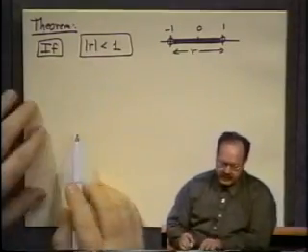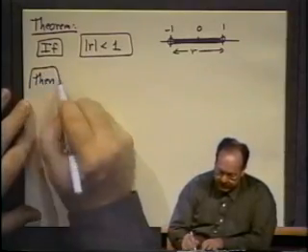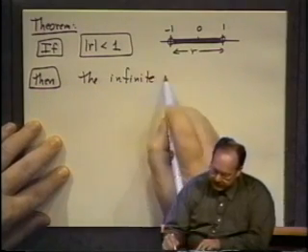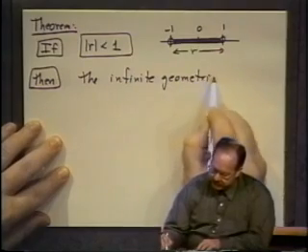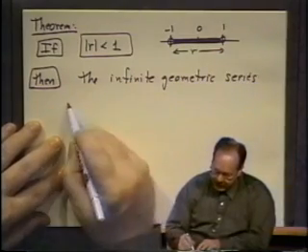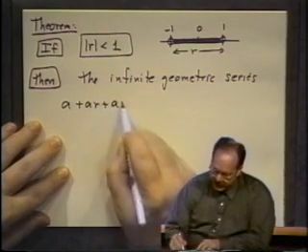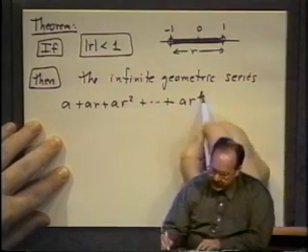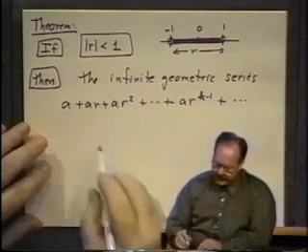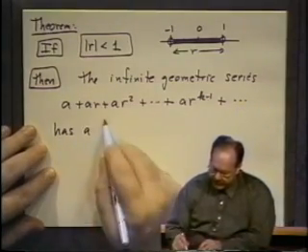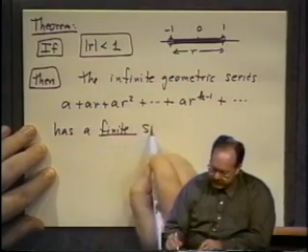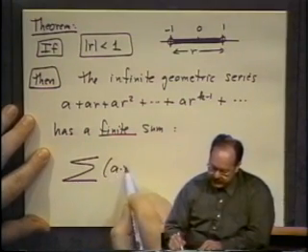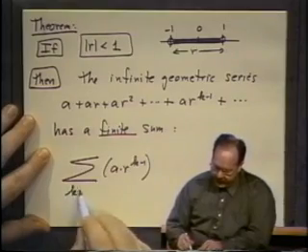So if r in absolute value is less than 1, then the infinite geometric series we saw above, a plus ar plus ar squared plus dot dot dot up to the typical term ar^(k-1) plus dot dot dot out to infinity, has a finite sum, and that sum is, using the shorthand, the sum of the a times r to the k minus 1s, where k goes from 1 to infinity.